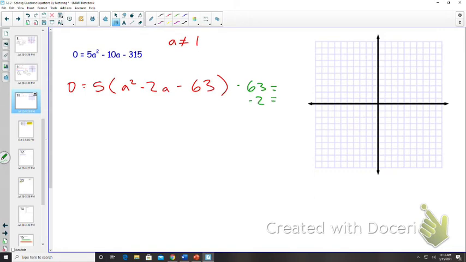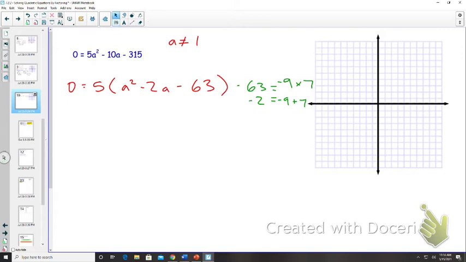We could do negative 9 times 7, and negative 9 plus 7, right? Yeah, negative 9 plus 7.